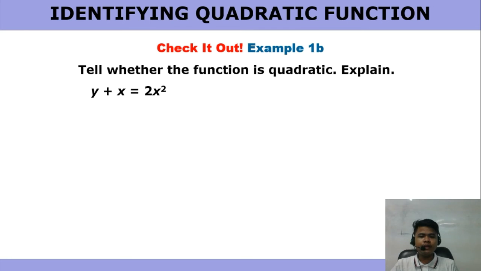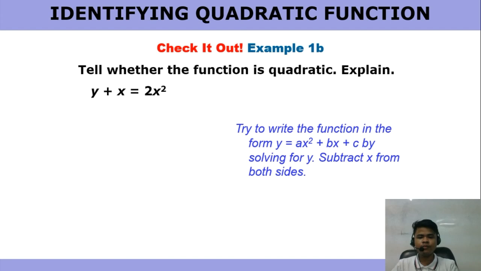Okay, tell whether the function is quadratic, then explain. So ngayon, hindi na naman table of values yung given, but the function itself. The first step natin gagawin is try to rewrite the function in the form of y is equal to ax squared plus bx plus c, which is the standard form of quadratic function. We can only do that by solving for y.